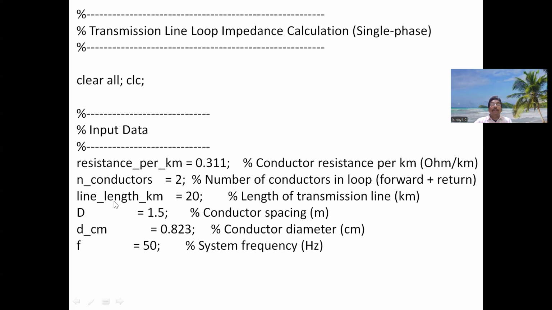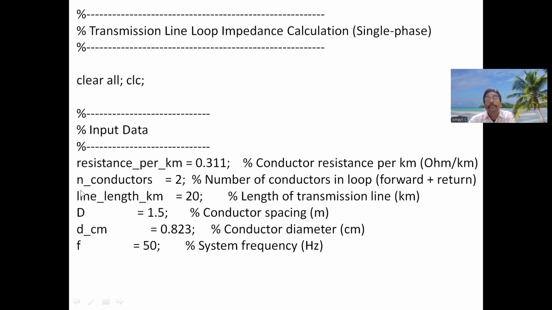Similarly, the total length of the line, 20 kilometers, I am assigning to another variable, line_length_kilometer. The spacing between the conductors I am assigning to a variable d, and the conductor diameter in centimeter to d_centimeter. Then the frequency of the system is assigned to variable f. These are the first steps for writing a MATLAB program. No need to use the same variables; you can use your own variables in your program.